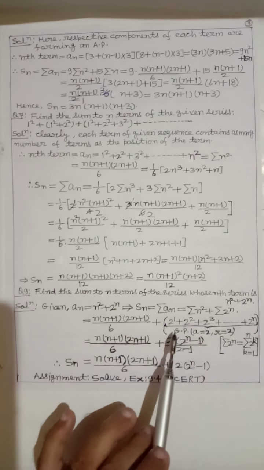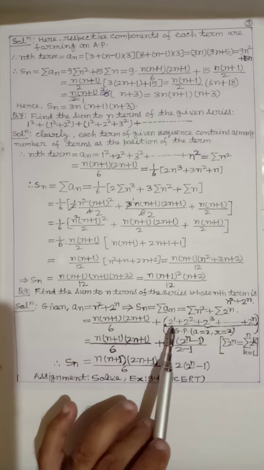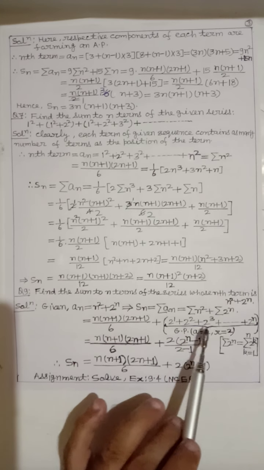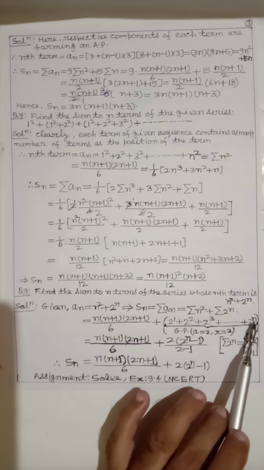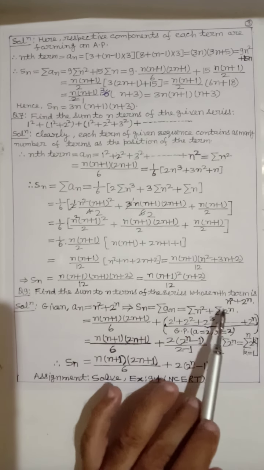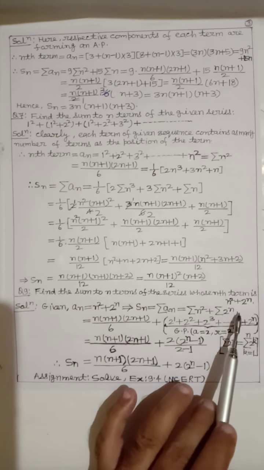So we get here 2 plus 2 square plus 2 cube plus and so on plus 2 to the power n. This is the meaning of summation 2 to the power n.